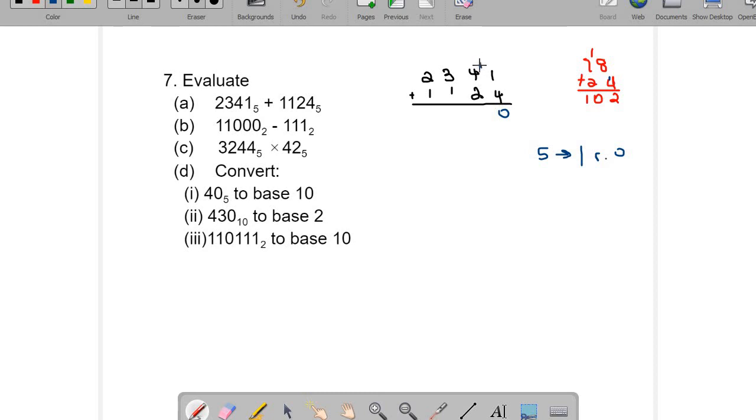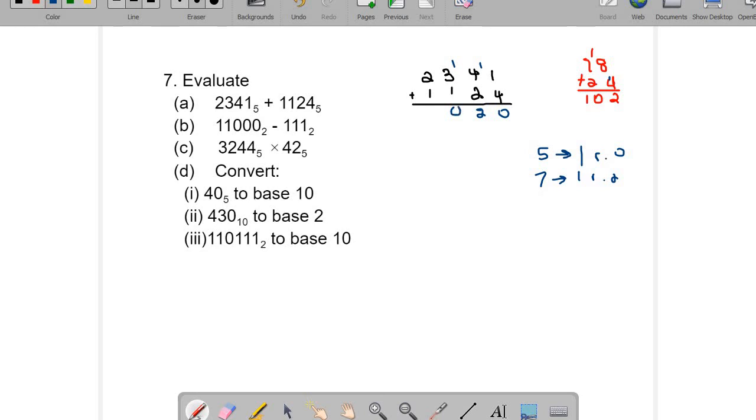Okay, so we continue. 1 plus 4 is 5. 5 plus 2 is 7. Remember, we can't write 7, so we're going to regroup at 5. Okay, so how many groups of 5 can we get from 7? That's going to be 1, remainder 2. So we're going to put down the 2 and carry that 1 group of 5 to the next place value. Alright, 1 plus 3 is 4, 4 plus 1 is 5. We can't write 5, so we already know how many groups of 5 and what remainder we're going to get.